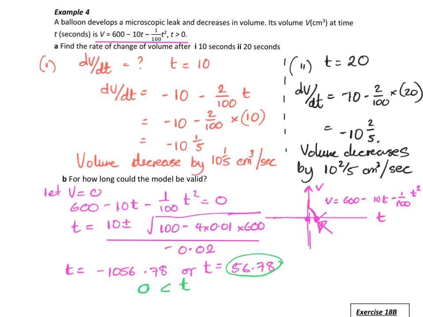Remember, it wouldn't be valid at 0, so they are open circles if we were drawing our graph, and between 56.78. We do want our volume to be greater than 0, not including. So that's why we're not including those endpoints. So valid between t is equal to 0 and t is equal to 56.78.